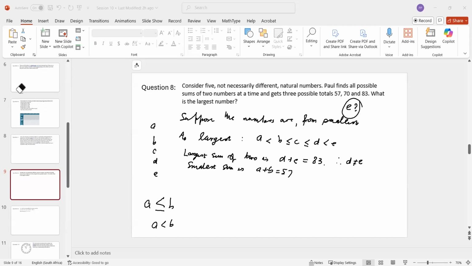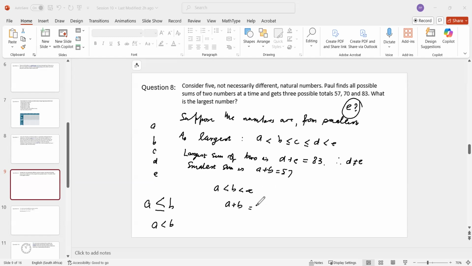Right. Now, okay, so what does this mean now? It now means that A is less than B less than E, right? Because A is strictly less than B, and B is strictly less than E. So it means that A plus B is the smallest.